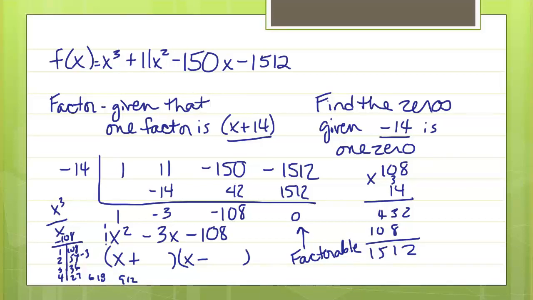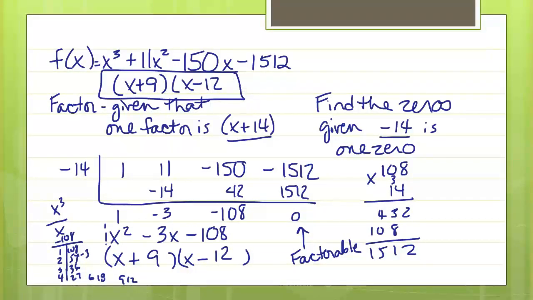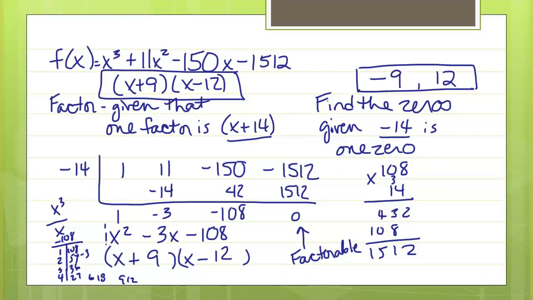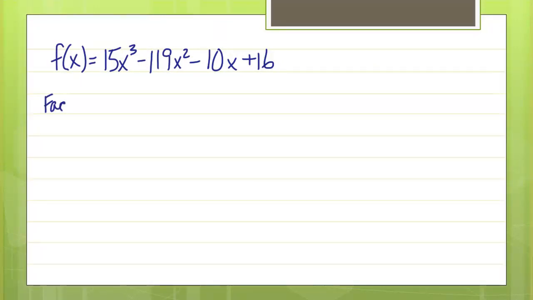So 12 is going to be negative, 9 is going to be positive. So if I asked you to factor, the factors are x plus 9 and x minus 12. That would be my answer if I was asked to factor it. If I was given the very same question but asked to find the zeros, my answers would be negative 9 and positive 12.